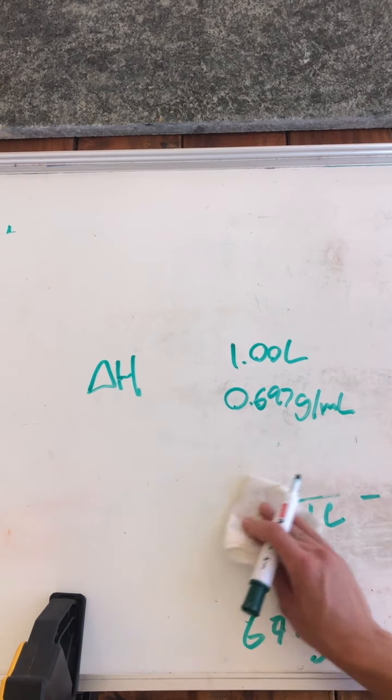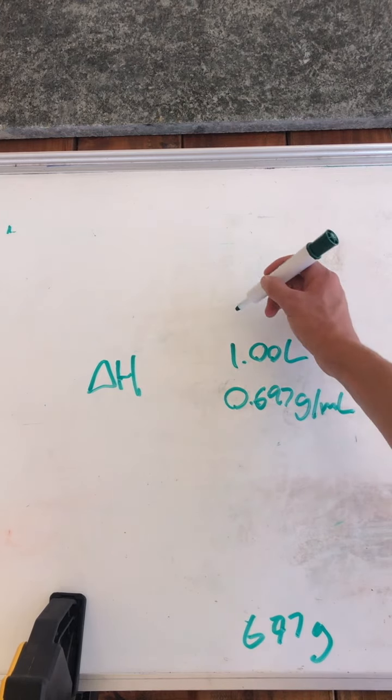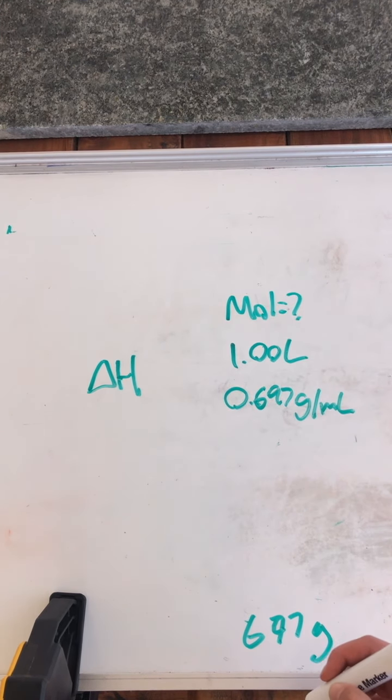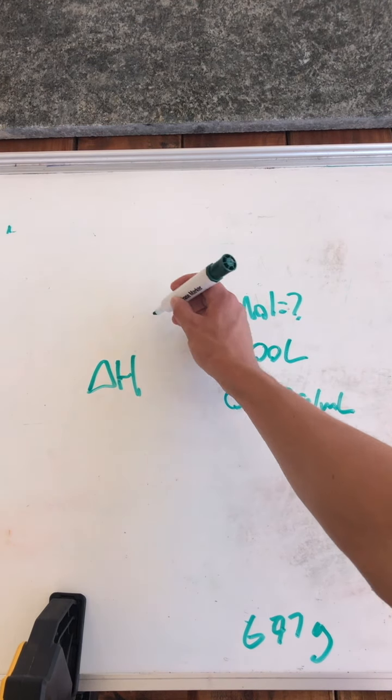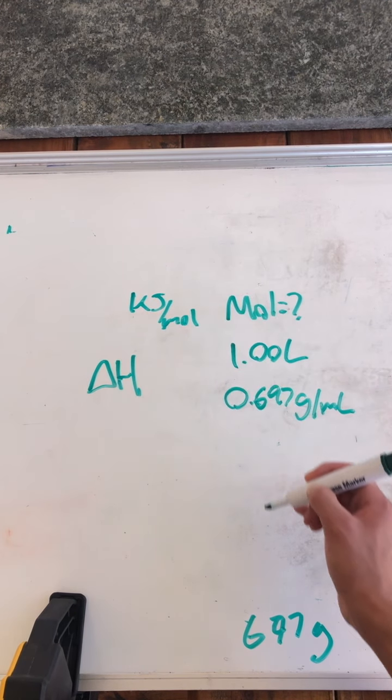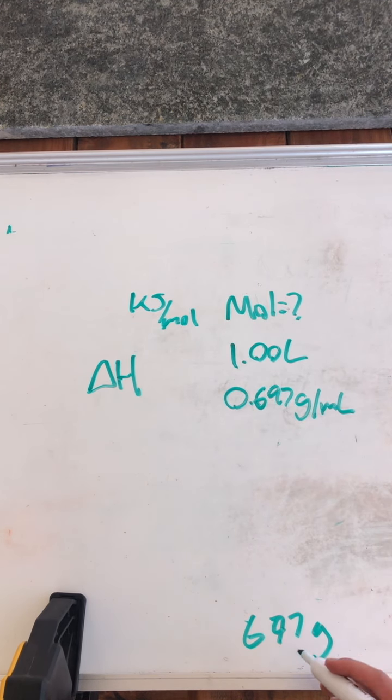Well, again, we're trying to get this into moles, because our enthalpy of combustion for isooctane is in kilojoules per mole.